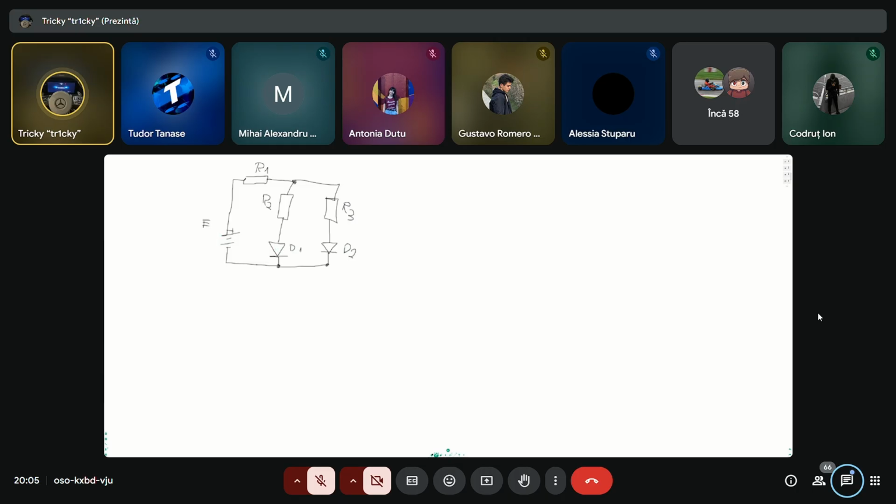All right, let's take the following values. We'll write this 1.2. E is equal to 10 volts, R1 is equal to 4 kilo, R2 is equal to 2 kilo, and R3 is also equal to 2 kilo.